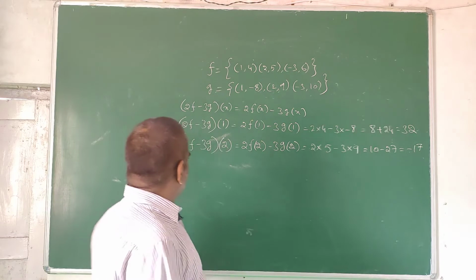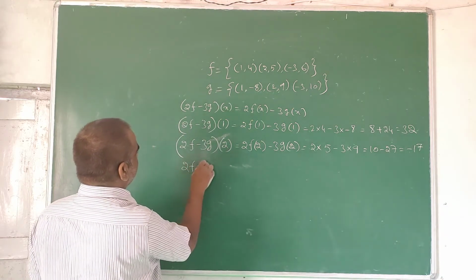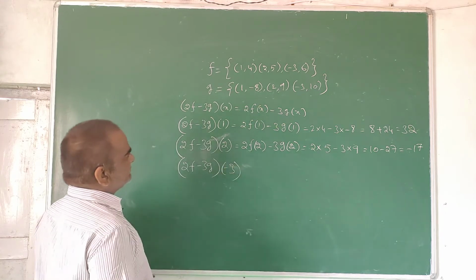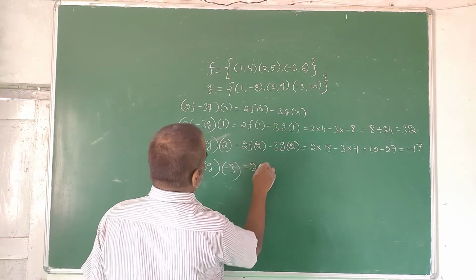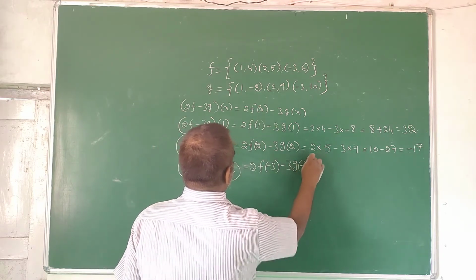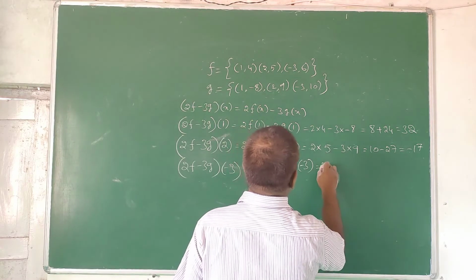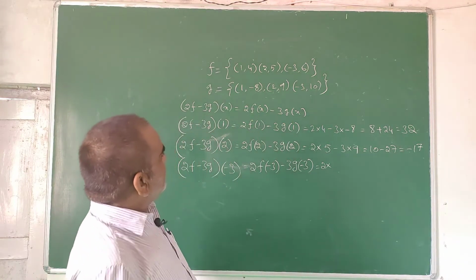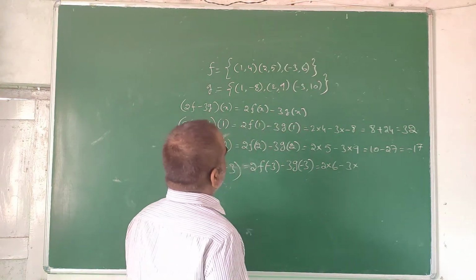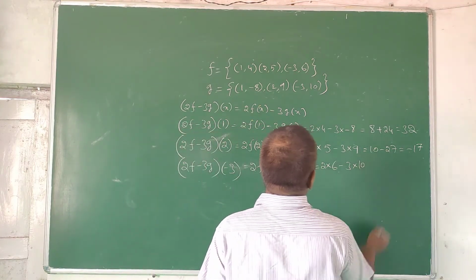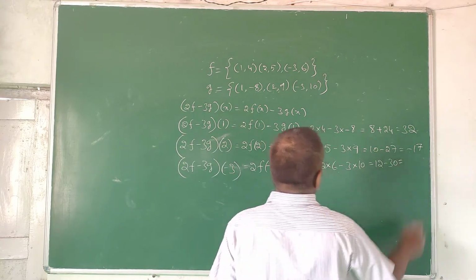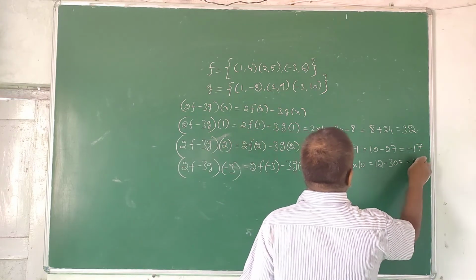Understood? Next (2f minus 3g) of the next and last value, which is minus 3. This is equal to 2 into f of minus 3 minus 3 into g of minus 3, which is equal to 2 into f of minus 3 is 6 minus 3 into g of minus 3 is 10, which is equal to 12 minus 30, which is minus 18.